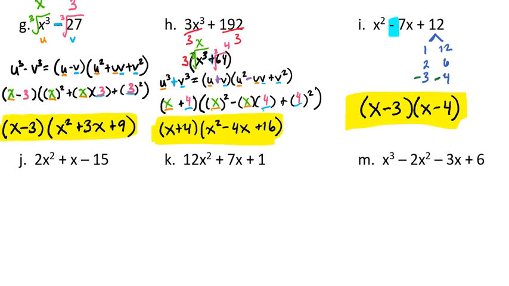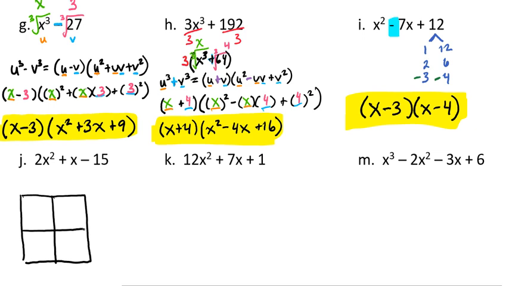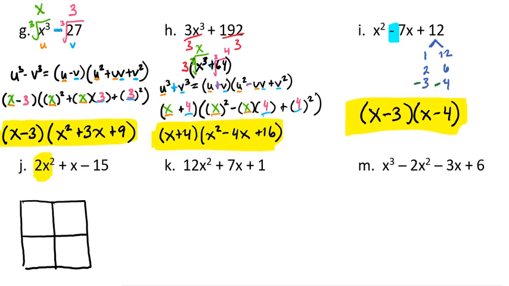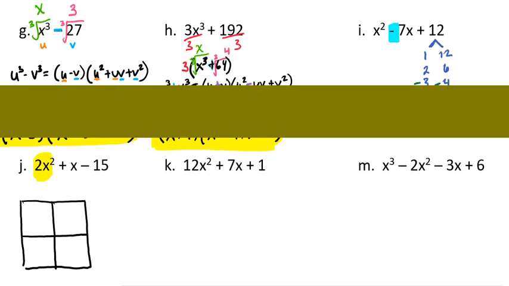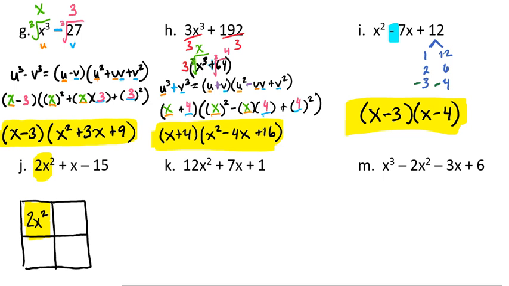So I'm going to make a box with 4 squares in it. Then I'm going to take the first thing and put it in the first box. Then I'm going to take this last thing and put it in the last box.